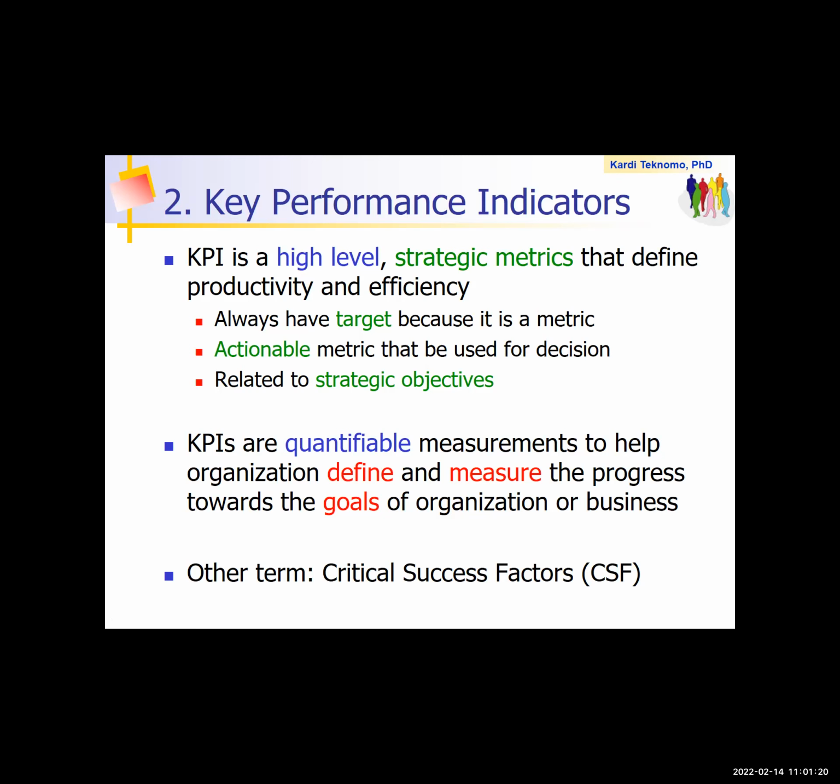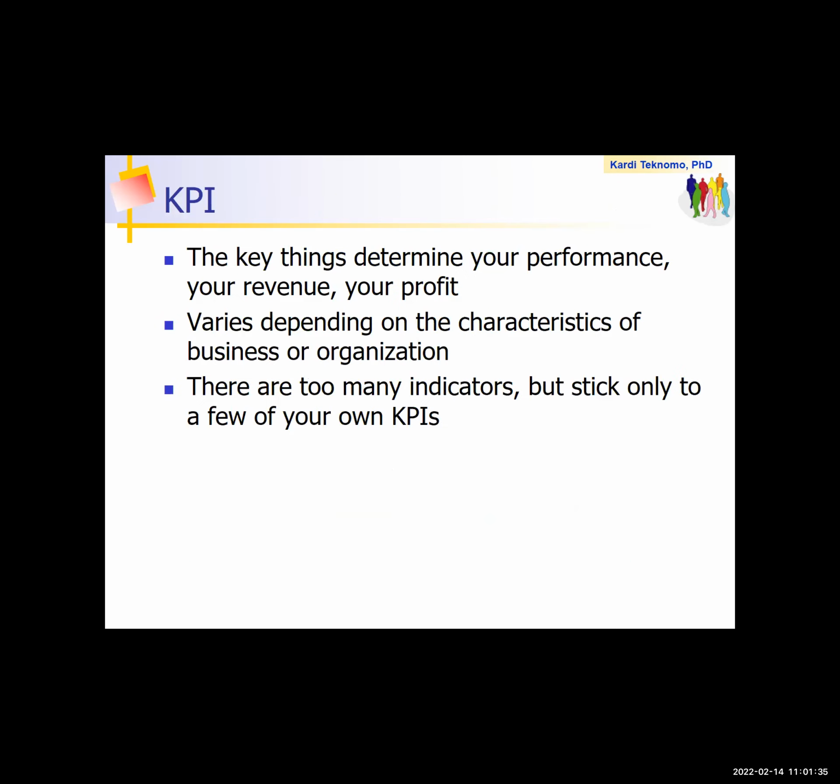KPIs are quantifiable measurements to help the organization define and measure progress toward the goal of the organization. Sometimes we call this critical success factor, the key things to determine your performance.